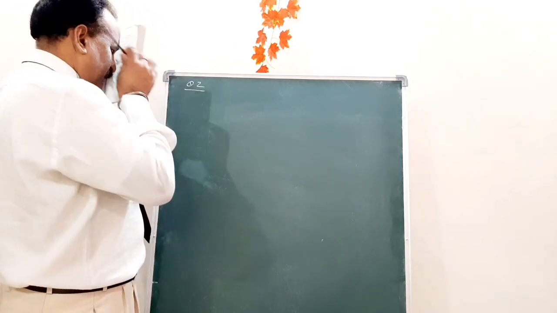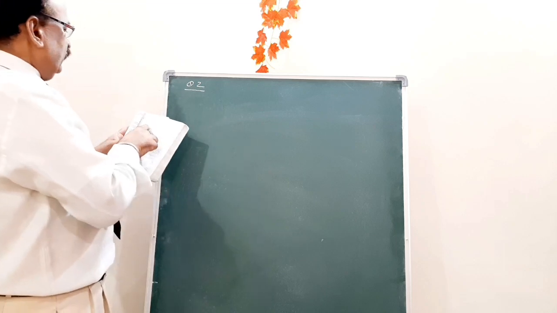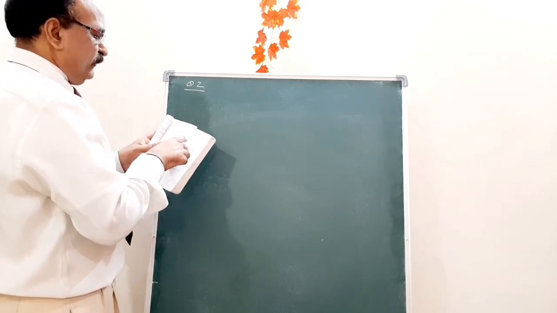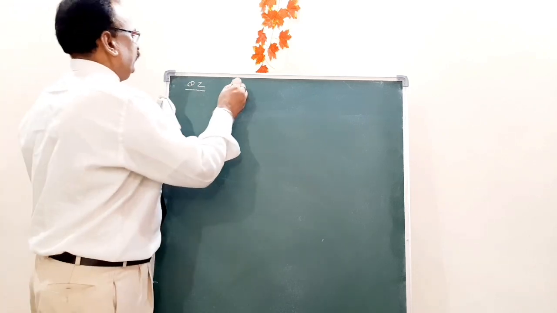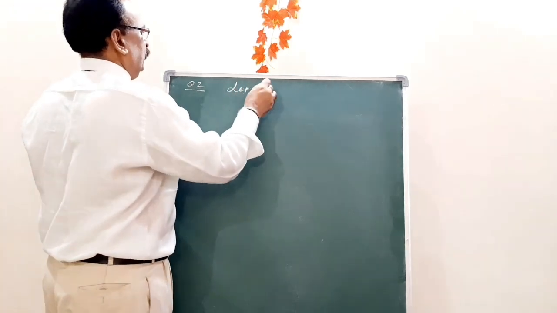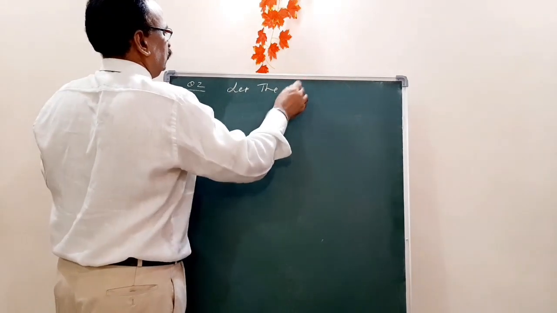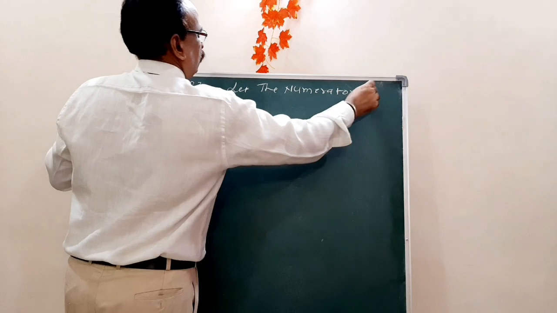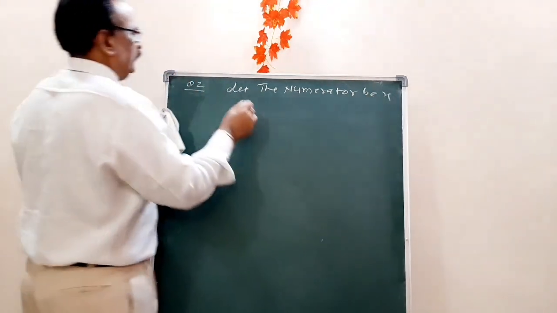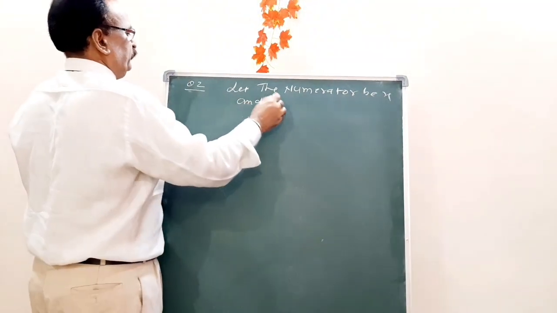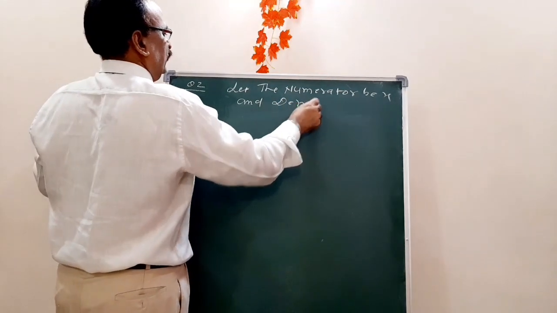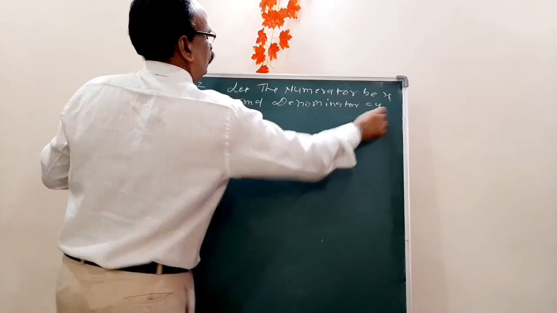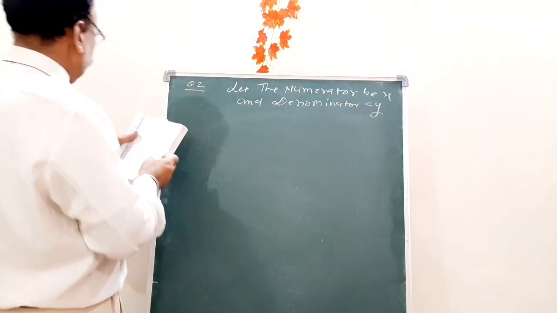If we add 1 to the numerator and subtract 1 from the denominator, let the numerator be x and denominator is equal to 1. Okay?